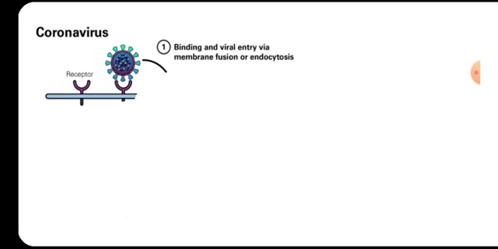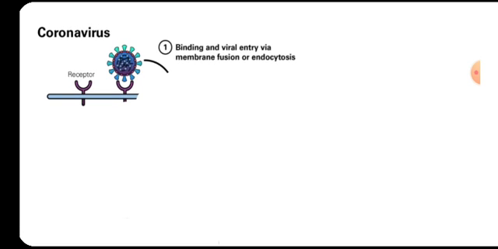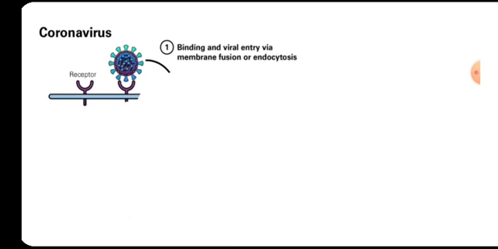You can see that this host cell possesses certain chemical groups. These chemical groups help in the binding of viruses to the cell. These chemical groups are called receptors. So these receptors are highly specific.